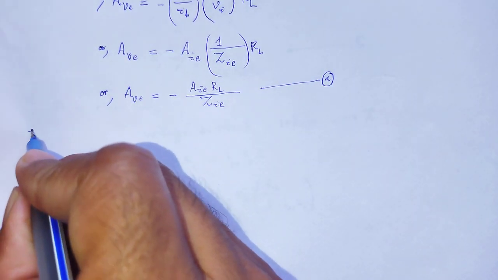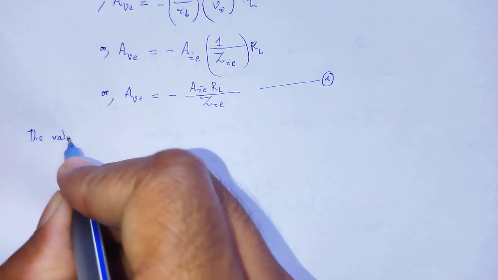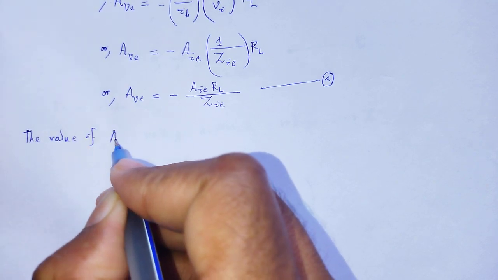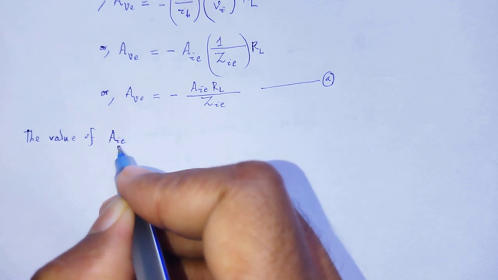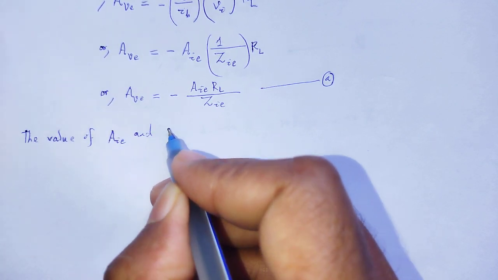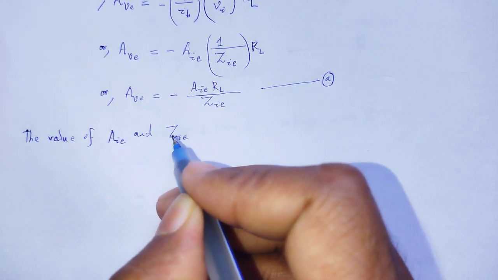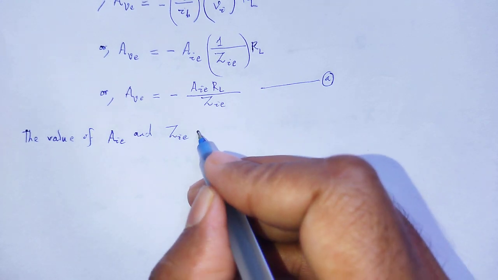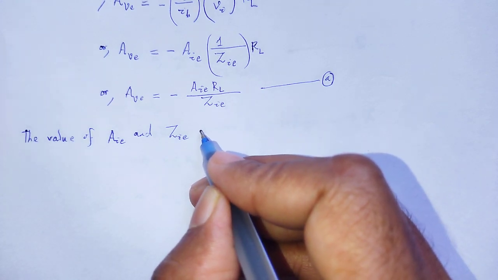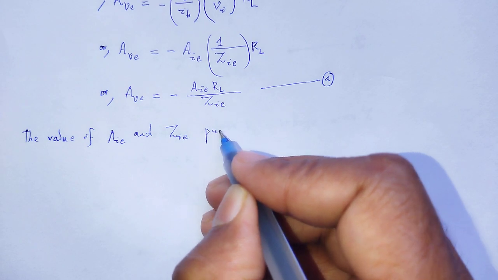The value of AIE, the current gain, and ZIE, the input impedance, are put in.